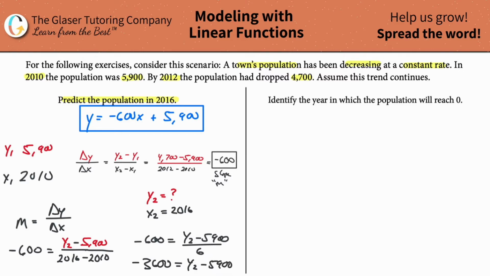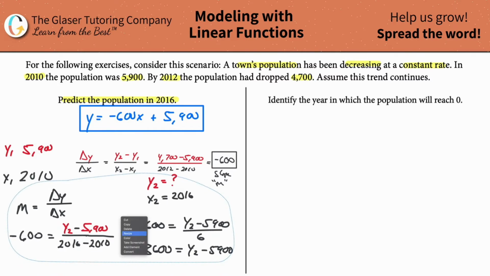You're going to add 5,900 to both sides, and that's going to be your answer. So y2 is going to be equal to 5,900 minus 3,600, and what do we get? 2,300. So the population there is going to be 2,300 people.